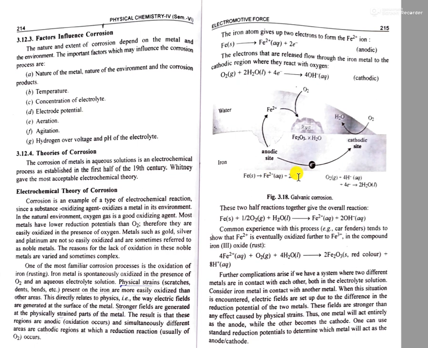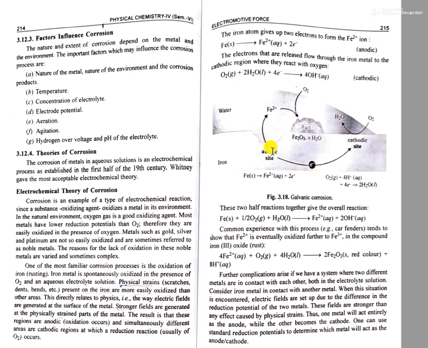So this is a pictorial representation of this typical reaction, that is, the formation of the anodic sites and the formation of the cathodic sites, and what reaction occurs at the anodic site. This is the iron metal surface, and if there is a physically strained part or bent like this, iron atoms will get oxidized easily here, and Fe2+ ions are formed.